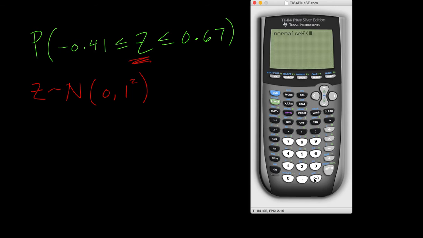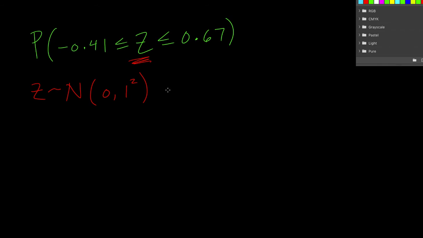So our lower bound is negative 0.41, comma, upper bound is 0.67, our mean is 0, and our standard deviation is 1. We hit enter, and we get 0.408 if we round that.